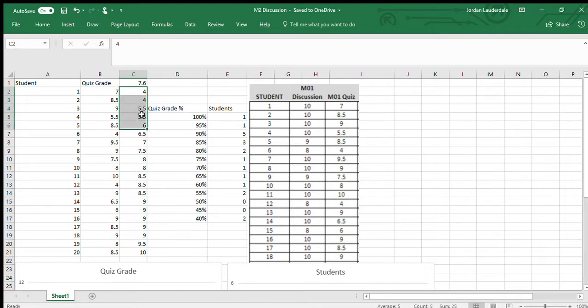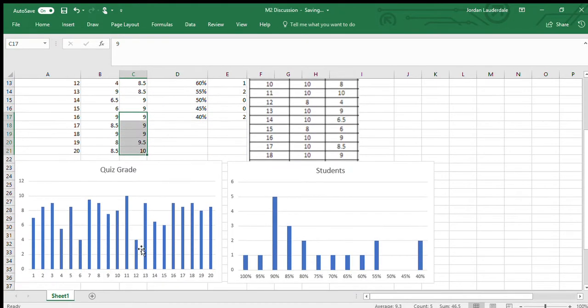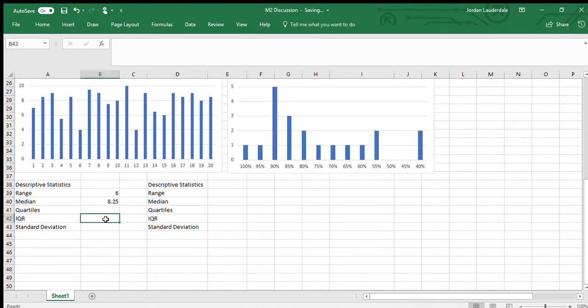So right here, this is the first quartile. This right here is going to be the second quartile. This the third. And this the last. So our interquartile range is going to be a value of 5 students.